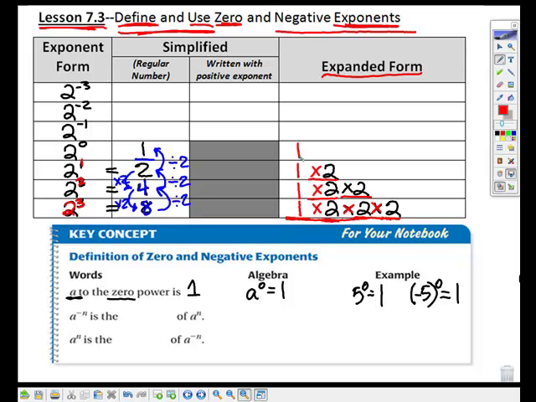It would be to have a 1 there. And if we continue looking at the pattern that we looked at a minute ago, we can go back up here now and decide what 2 to the negative 1 power should be. Well, if this pattern continues, 1 divided by 2 is going to come out to a half.